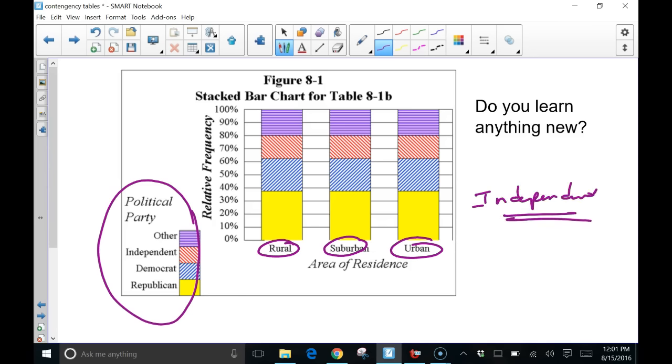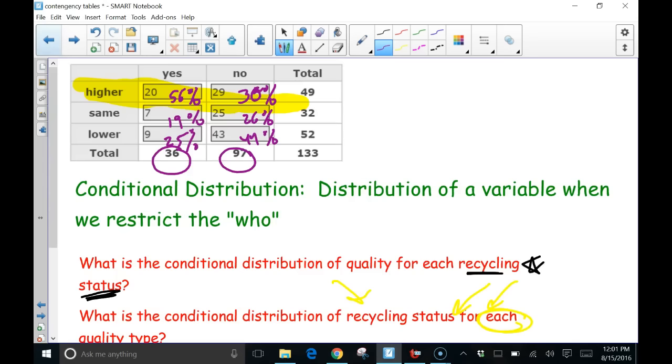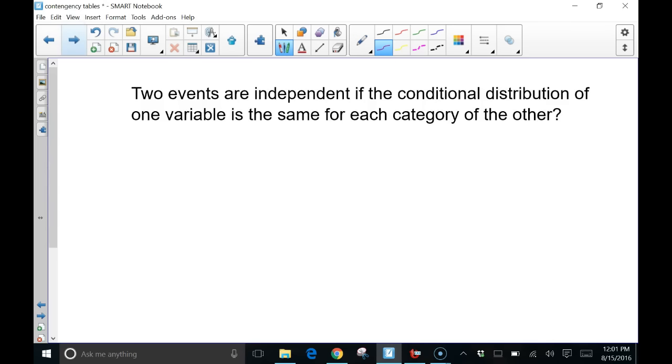In fact, what do you think the contingency table would look like if we made one of these contingency tables for these two variables, political party versus area of residence? What do you think would be true of every column? Well, this leads to our definition of independence.